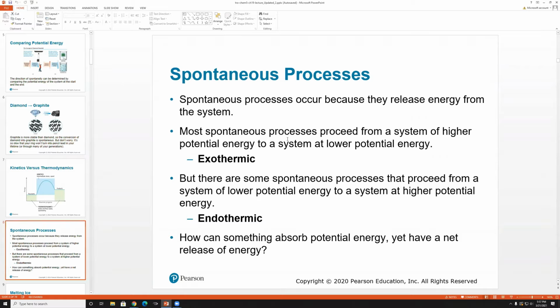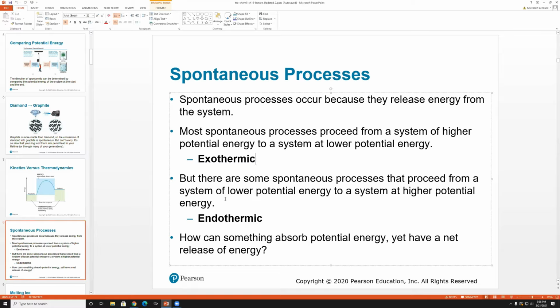Now, most spontaneous processes, like I said before, are exothermic, meaning they go from a higher level of potential energy to a lower level of potential energy, which is more energetically favorable for the system. I use that term a lot in my lectures: energetically favorable. For example, if we have two hydrogen atoms, the atoms alone are in a higher energy state than the molecule H2, because both of its bonded electrons release energy when they become bonded.